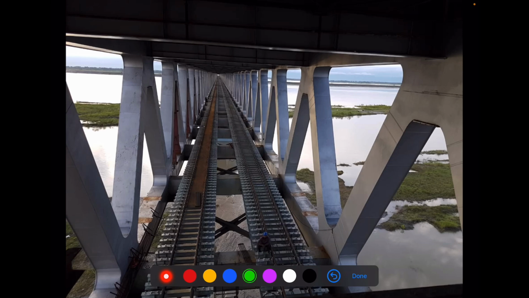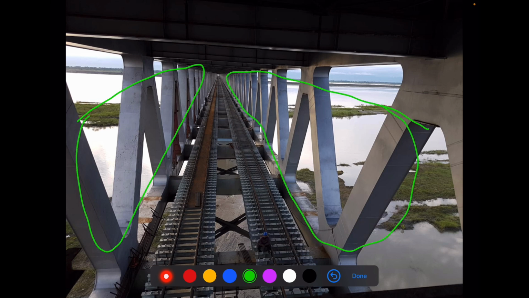You can see what else is visible over here. There are basically two trusses. This is truss 1, this is truss 2. These are combined together with the help of these cross girders. These are the cross girders.